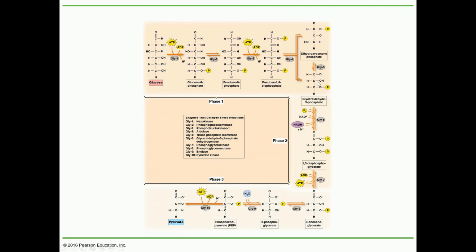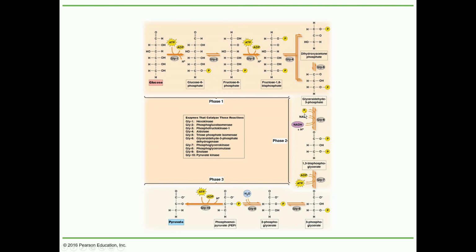What is happening here is that glyceraldehyde 3-phosphate is getting oxidized, which means there is a removal of electrons, and those electrons are taken by NAD+, and NAD+ is getting converted into NADH. Here there is also addition of phosphate, and this takes place with the help of the enzyme called glyceraldehyde 3-phosphate dehydrogenase, because dehydrogenation or oxidation is taking place.